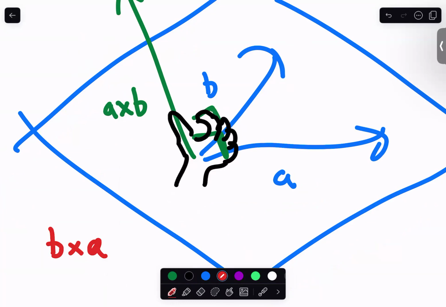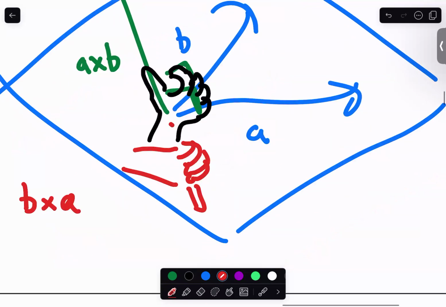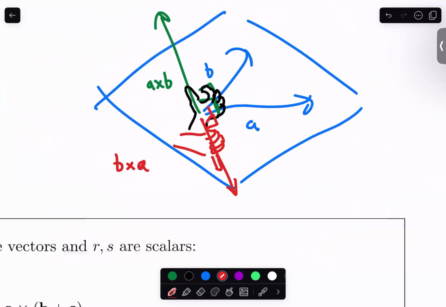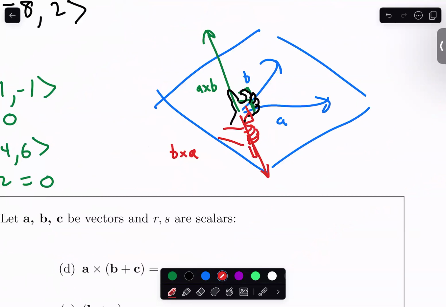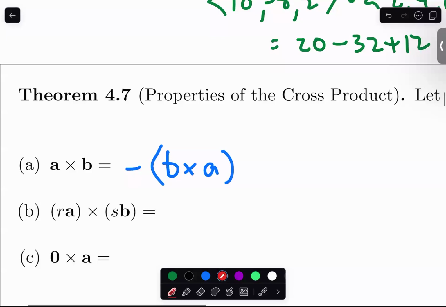Then when I rotate my right hand fingers around here, if my thumb's pointing downwards, my fingers can go through B first and then through A. So therefore, again, this would be perpendicular to these two vectors, but pointing downward rather than pointing upward. So again, the only difference really between these, because the magnitude will be the same, is that one points up and one points down because it's based off of this right-hand rule. So that negative right there just takes your direction and flips it. So if it was pointing up, it's going to point down. If it was pointing down, it's going to point up, etc.